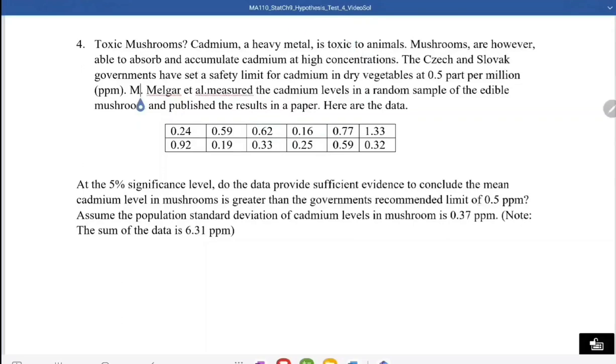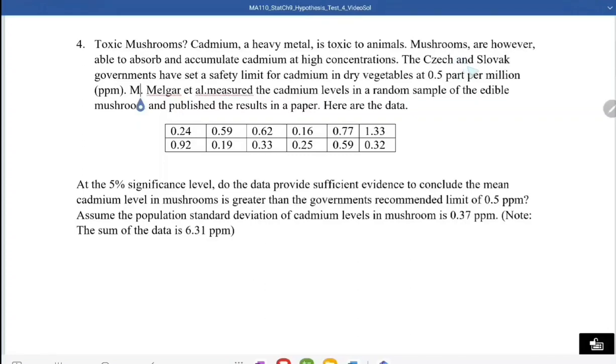So what this problem is about is cadmium, an element, a mineral found in soils. When plants absorb elements from the soil, and if they absorb cadmium, then if the concentration is above a certain level, it can be toxic to whoever consumes the mushroom, the particular vegetable.